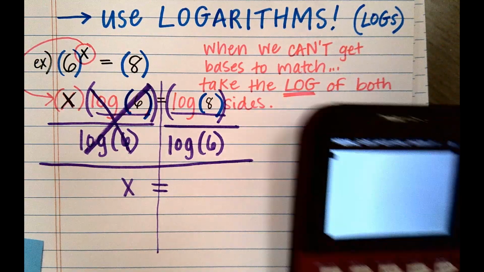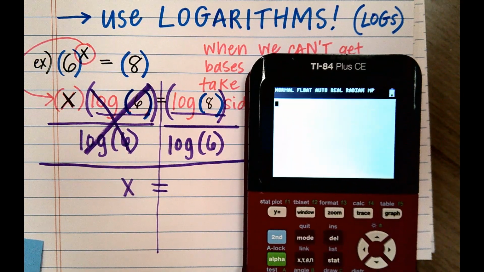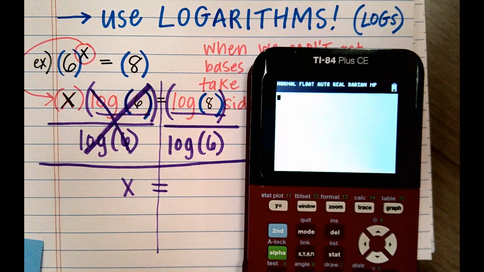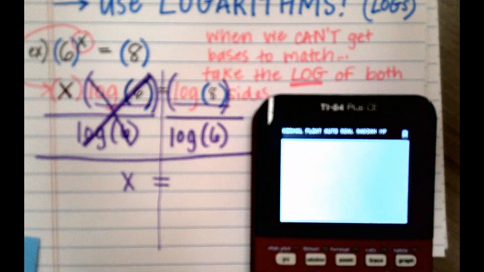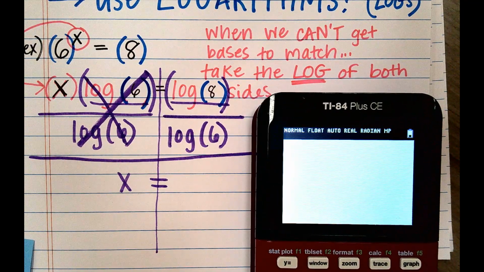So once you're to this point, let's get our calculators out, and I want us to pay really close attention to how we type this. I'm gonna wait till everybody's ready.